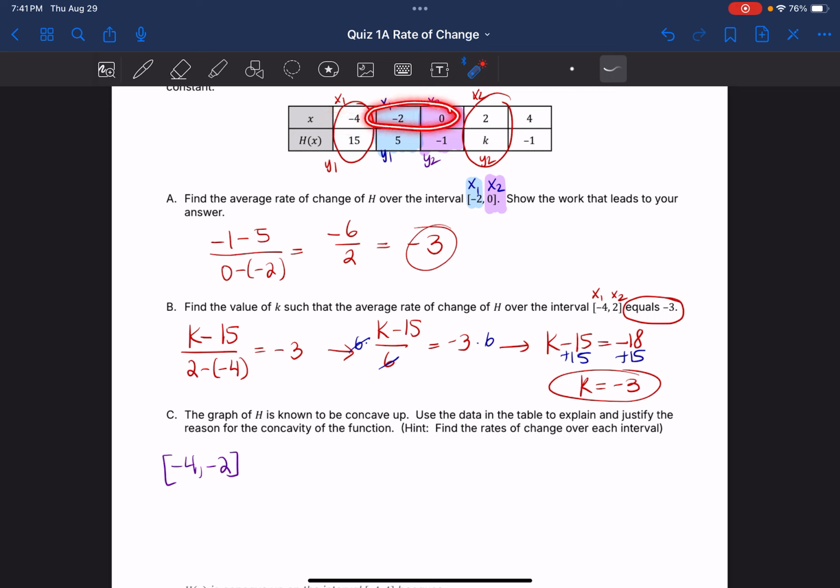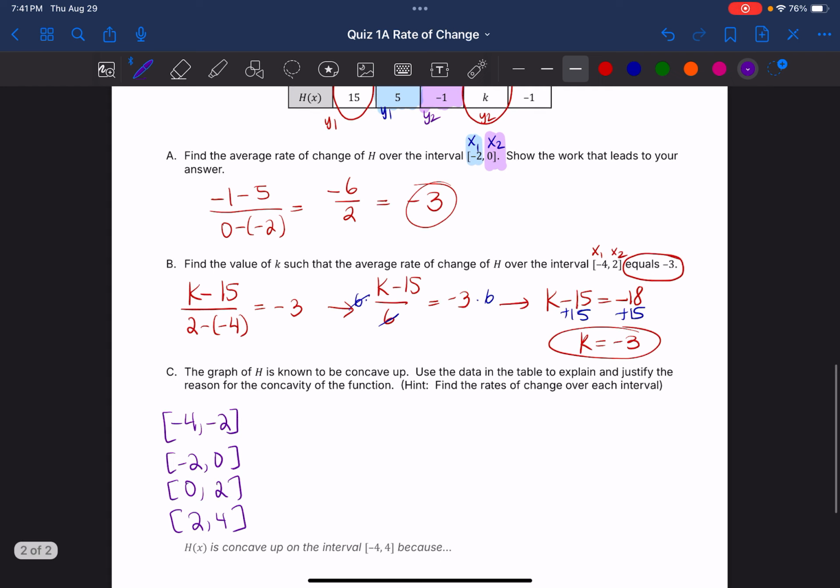I could do the next 2 points, -2 to 0. Then I could do the next 2 points, 0 to 2. And then the last points I could do from 2 to 4. Okay, so let's find the rate of change, ROC, on all of these intervals.